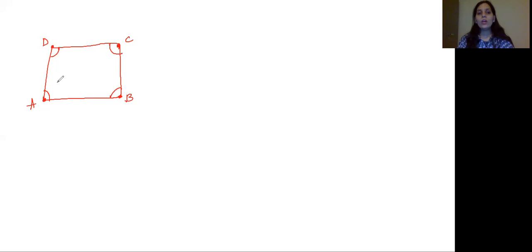Alright. Now what are we going to do? I am going to divide this quadrilateral into two parts. Right. So we can see that the quadrilateral is divided into two triangles: triangle ADC and triangle ABC. Correct? Alright.